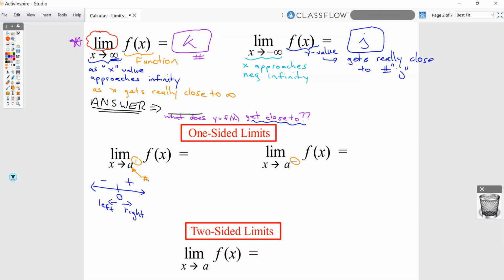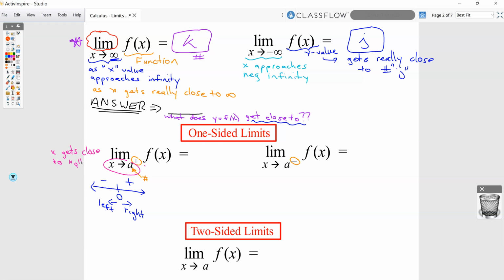What this part of the notation is telling me, right here, is that x gets really, really close to the number A, right? I'm going to let x get closer and closer to equaling A, but x does not equal the number A, it just gets really, really close to it.